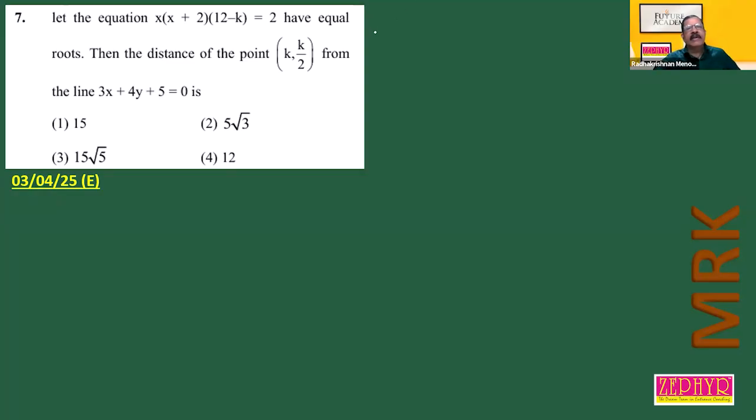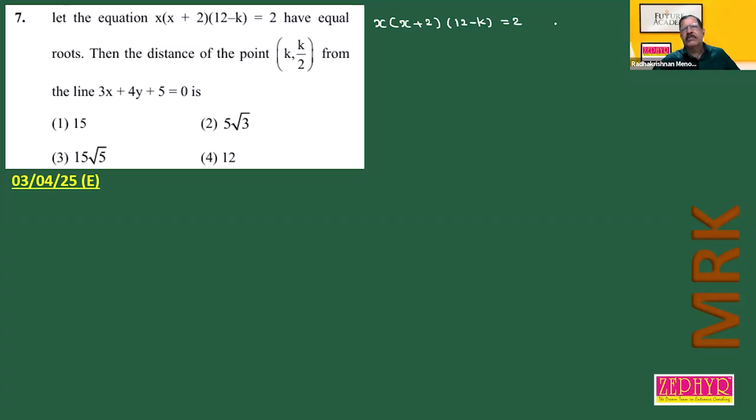So the given quadratic equation is x into x plus 2 into 12 minus k is equal to 2.